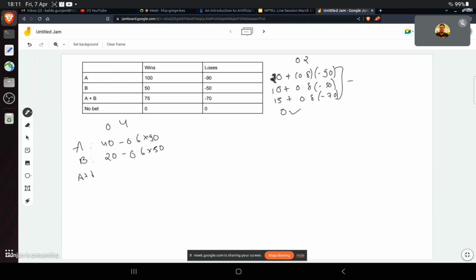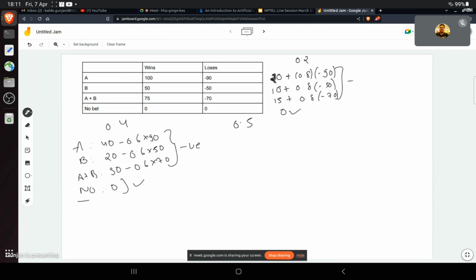For A plus B, it is 0.4 times 70, so 30 minus 0.6 times 70, and no bet, it is 0. So here also in this row, these are all negative, and for alpha value 0.4, this is the maximum value. So for 0.4 also, we will say that we will not make any bet.